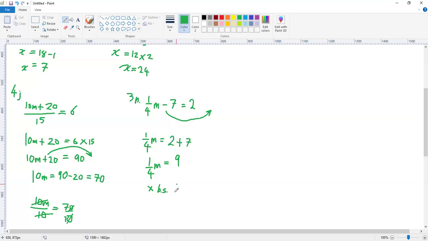Okay. So does your teacher usually encourage you guys to write your steps? I usually like writing steps, but then I find that if time is not on my side, I usually try to use a lot of shortcuts, like what I'm doing here, where instead of writing out both sides, I'm writing BS. So BS is short for both sides, and I think it's helpful.